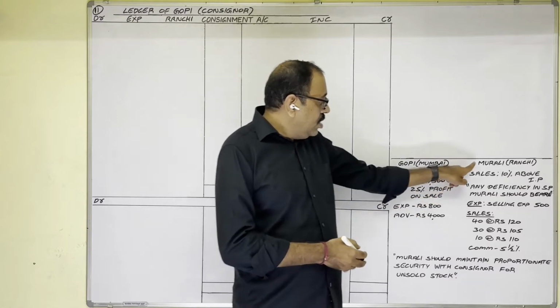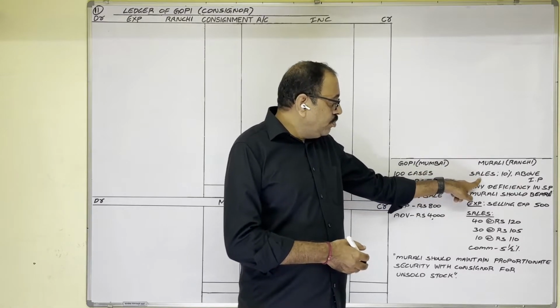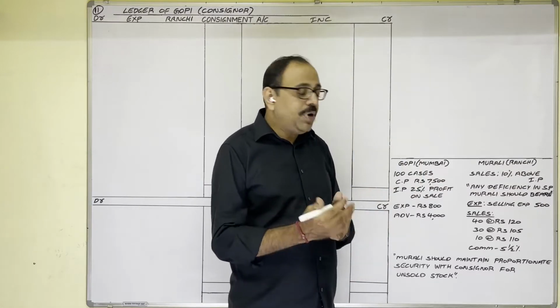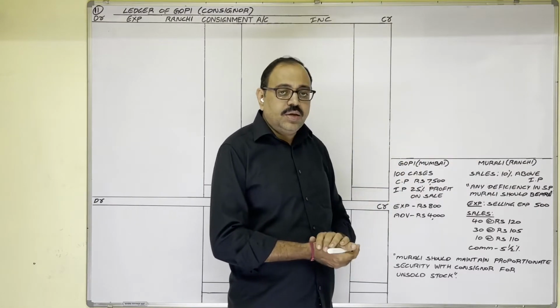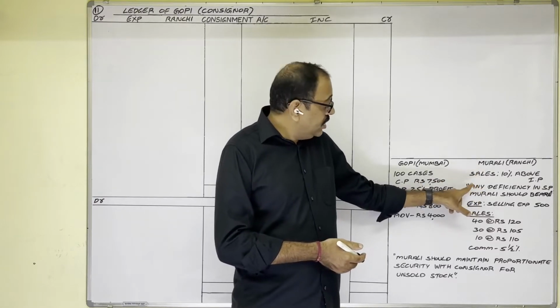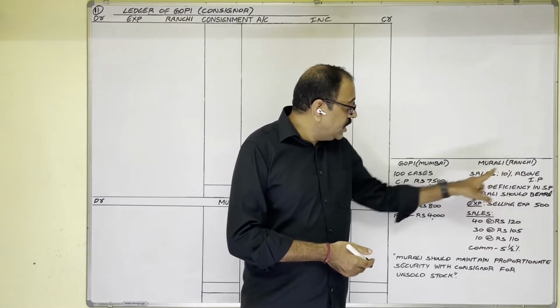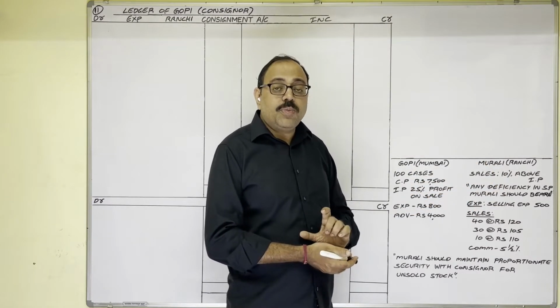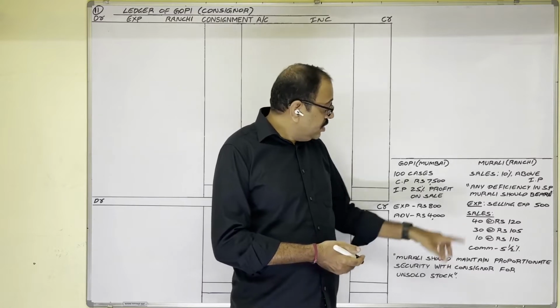Then sales amount should be 10% above invoice price. So this is the agreement between consignor and consignee. Then regarding sales, he is giving another point. Any deficiency in selling price is to be paid by Murali. While doing the problem, I will explain about this point.